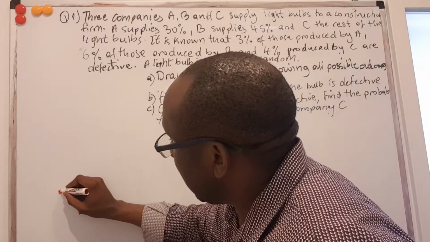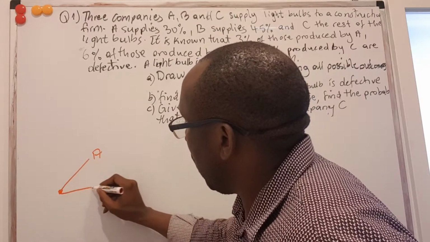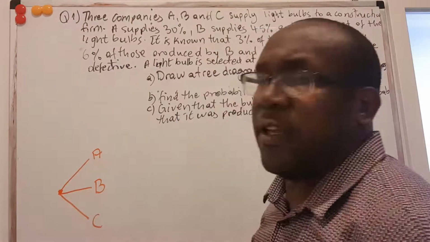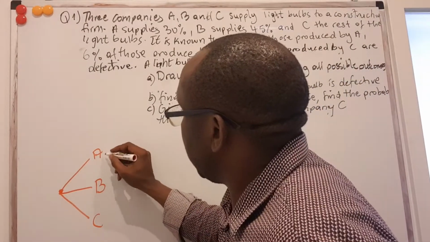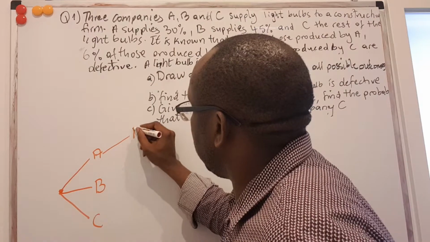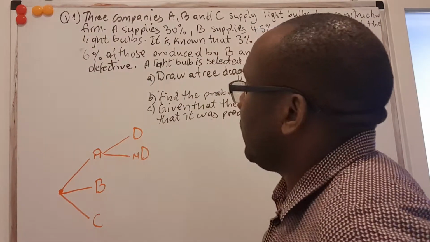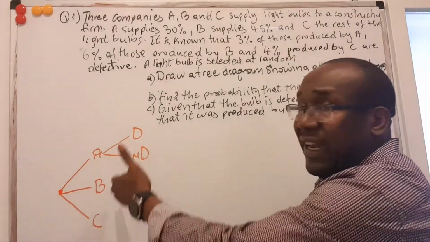If I do select, then either it is from A or from company B or company C. Yes? And if it is from A, then it is either defective or not defective. It's important that when you're drawing a tree diagram that you indicate the labels that you use.